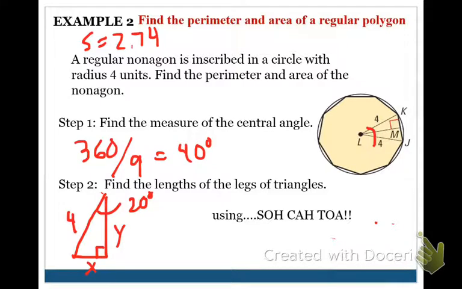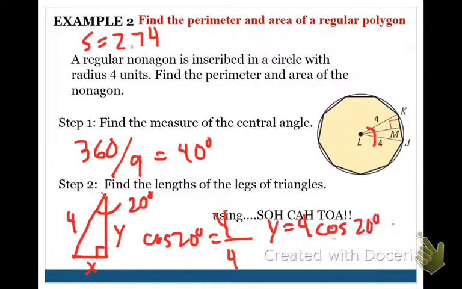All right, so cosine of 20 degrees equals y over 4. So y equals 4 cosine of 20. So what does y equal? 3.76. So the apothem equals 3.76.